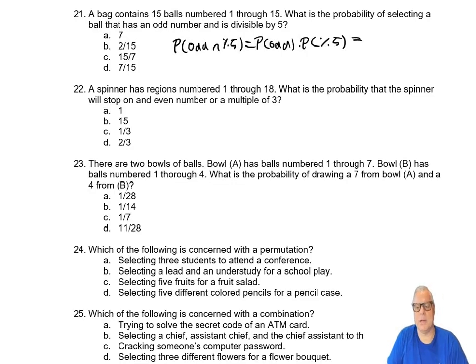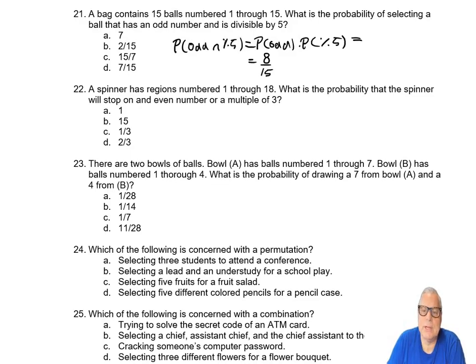Okay, how many odd numbers do we have? 1, 3, 5, 7, 9, 11, 13, 15. So there are 8 over 15.